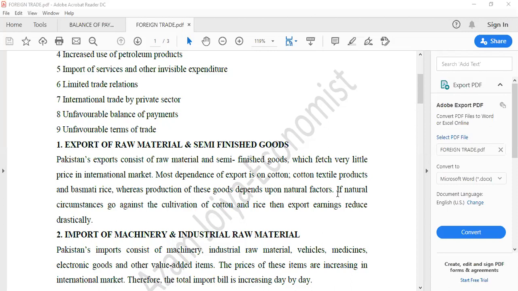In the international market, the prices that we get with the help of exports of raw material and semi-finished goods are low. That is why we do not earn higher income on our exports of raw material and semi-finished goods. The most dependence of export is on cotton, cotton textile products, and basmati rice. These are all the major export items.